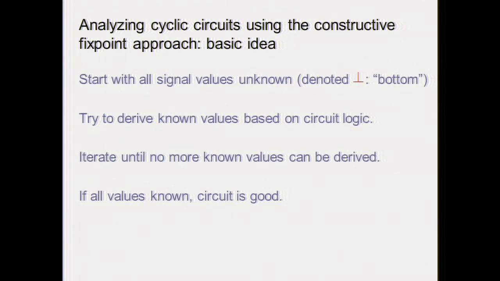If I have unknown and 0, we know that the output is 0, no matter what the unknown is. So doing this simplification, either we converge, so all the unknowns go away, or they don't. If all the unknowns go away, we say that we reach the fixed point, and this circuit is constructive. Why is it constructive? Because it builds the solution by this iteration process, right?